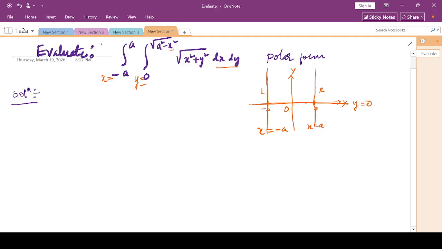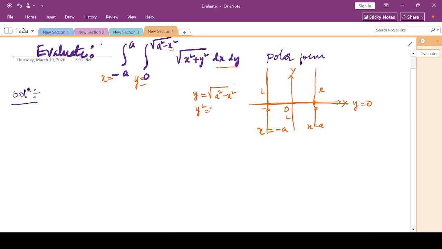It starts from the x-axis. So we don't consider the area below this x-axis. Above it, the lower portion is y equal to 0, and the upper portion is y equal to square root of a square minus x square.